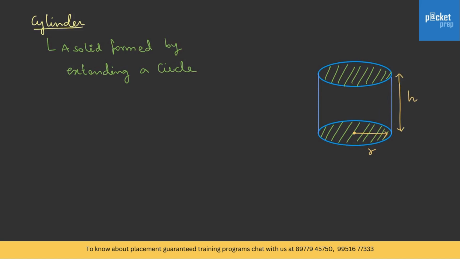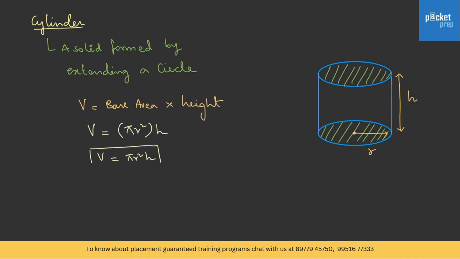When we know these two parameters, we can calculate the volume. Volume is base area into height, that is V is base area, the circle, therefore pi r square, and the height is h. So the volume is pi r square h for a cylinder.